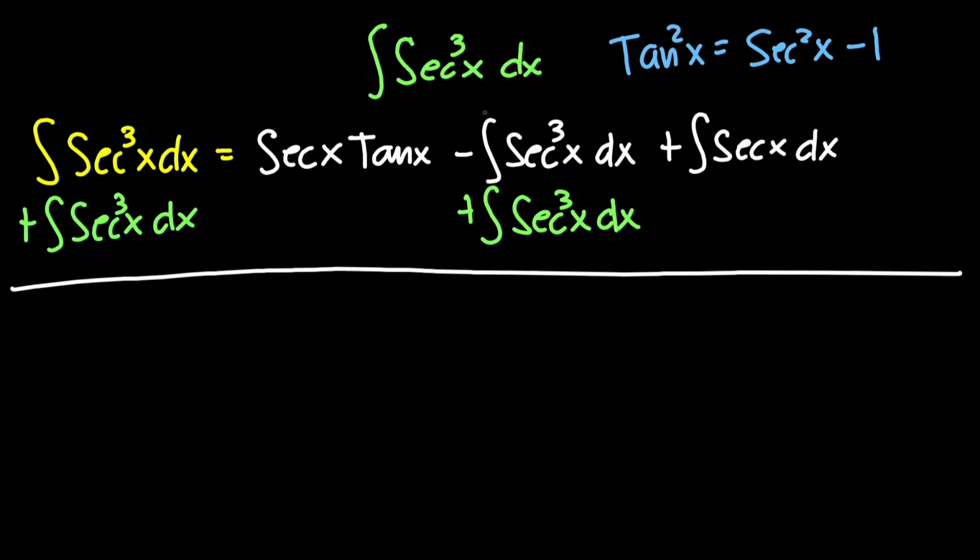So for that, this would equal 0. This would equal twice the integral of secant cube of x dx. Since they are just the same, it will just add, and copy the rest.